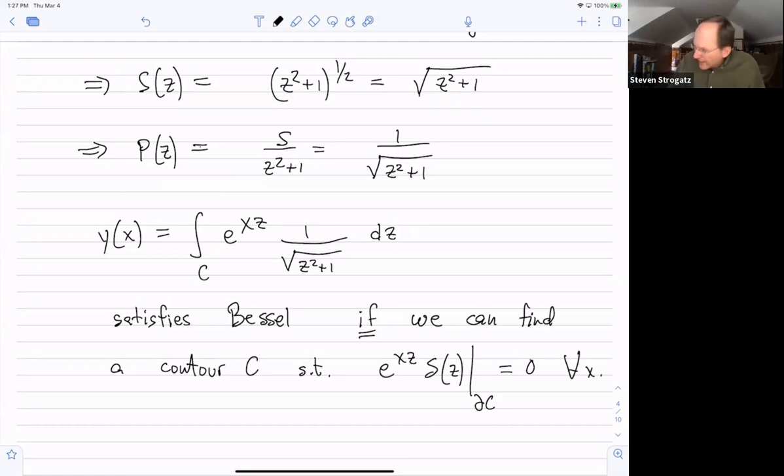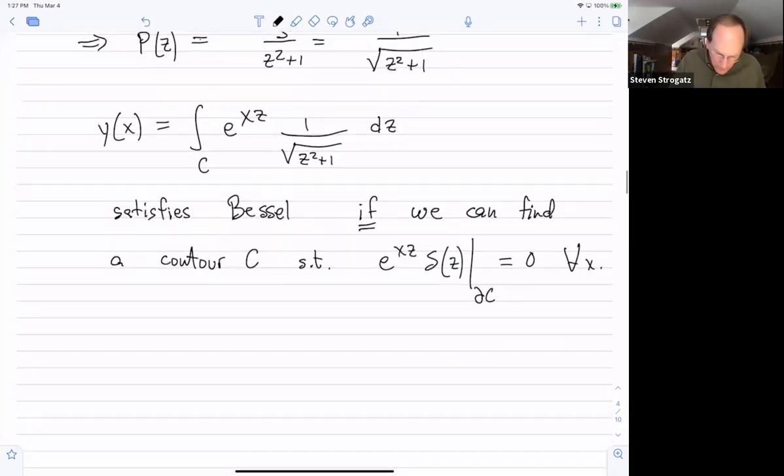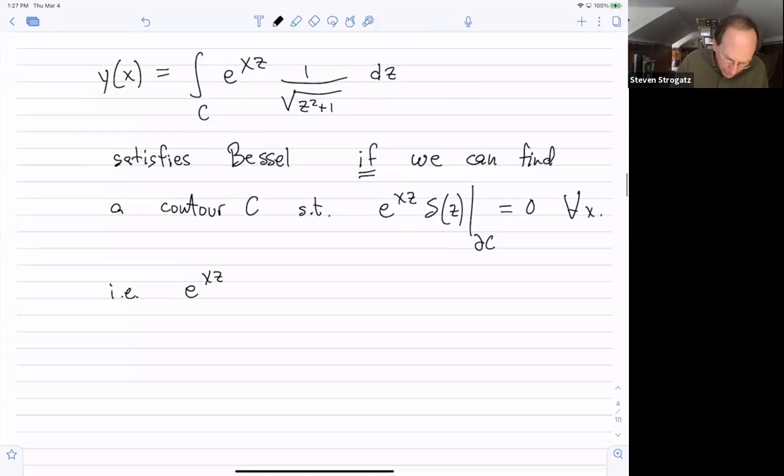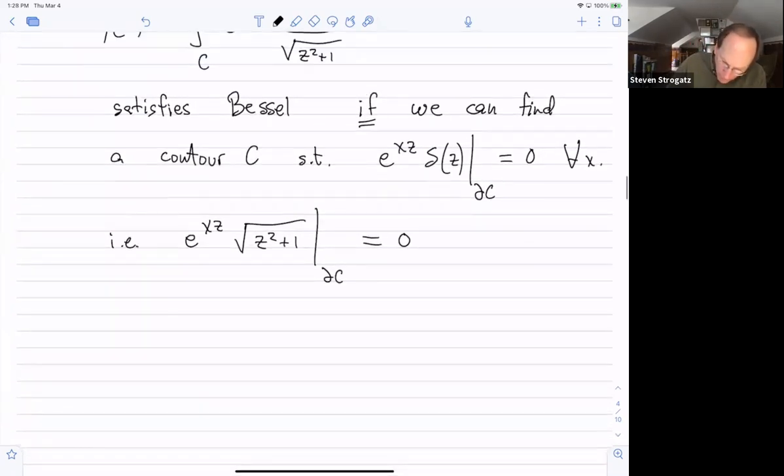So what is that S? I mean, let's remind ourselves. It's e to the xz. Just a minute ago, we said S was the square root. So I want that on the boundary of C to equal 0 for all x. And so now you can see how to pick the contour, right?